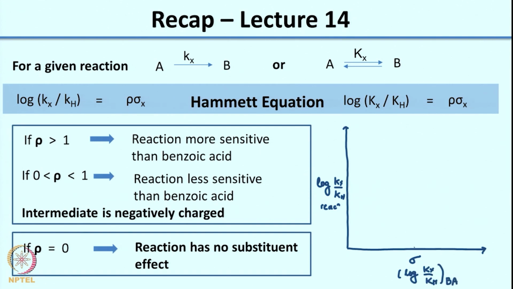So, let us say this is 0, this is 0, and below this you have the negative values, and above this you have the positive values. So, at 0 0 is where you will have hydrogen, where there is no substituent. If you consider the reaction to be benzoic acid dissociation, essentially what you have on your y axis and your x axis is the same. So, what you would get would be a slope of 1.